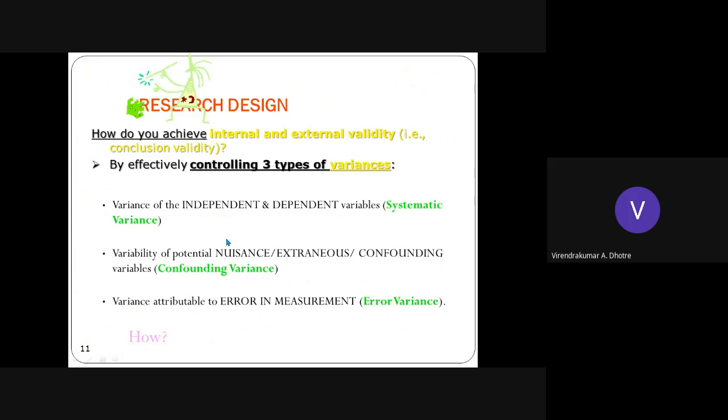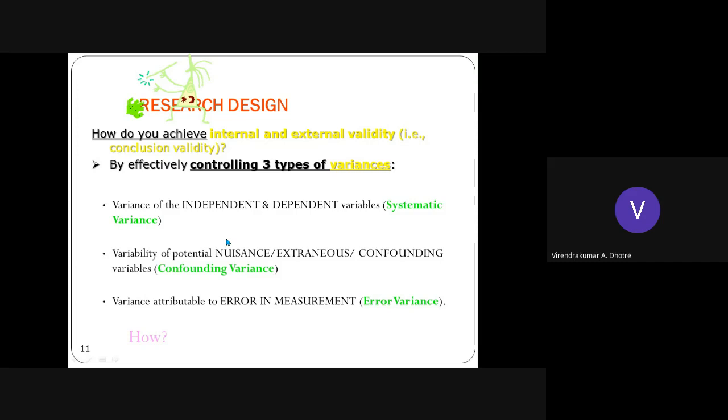That's why by effectively controlling three types of variances, we can achieve internal and external validity, so that we can identify which are the internal variables, external variables, dependent variables, independent variables, how much noise there is, where there are chances of insertion of noise, and where extraneous variables play a role. All these questions we can control and identify.